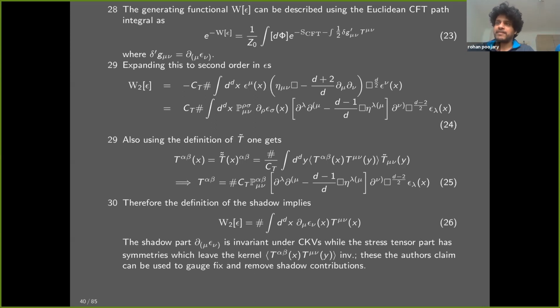They say that there exists an effective action describing these epsilon modes written in this form, and there is a way in which they say that you can get rid of the shadow operator dependence by doing some gauge fixing and stuff.